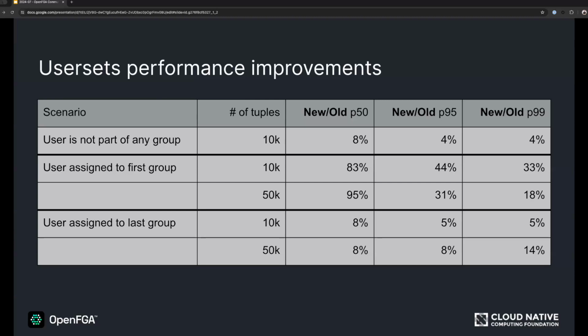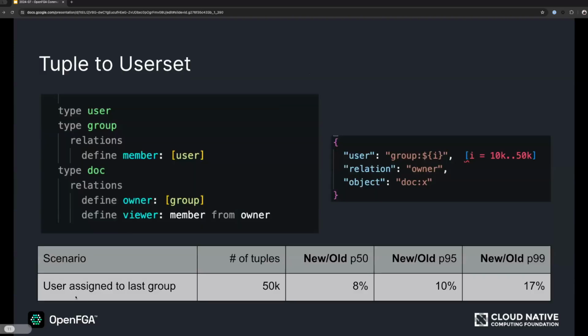So the take-home message is that with the new algorithm that we have implemented, it is an order of magnitude improvement in the case of user set when the cardinality is high. Next slide. Not only with the user set, but we also see improvement in the tuple to user set.